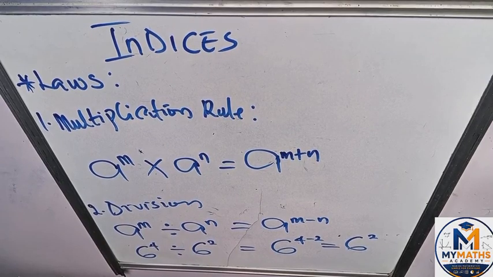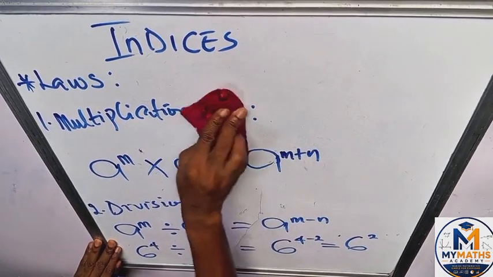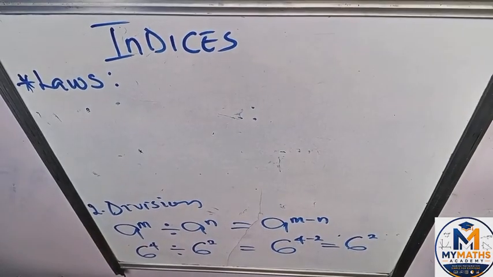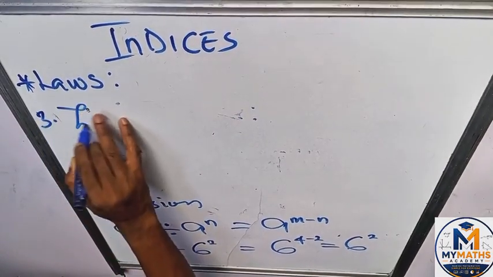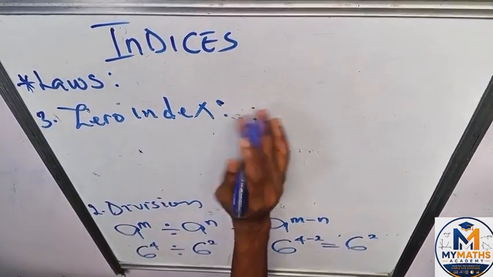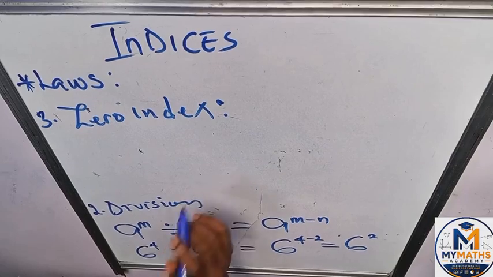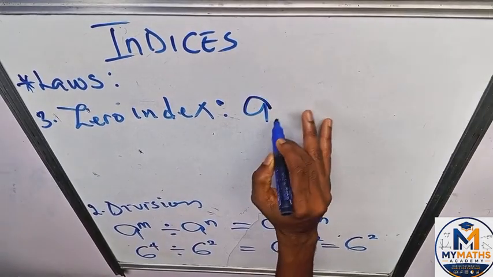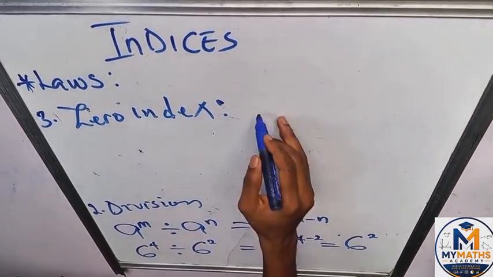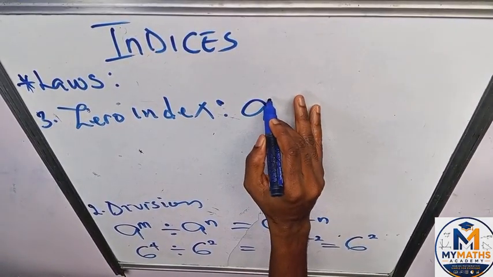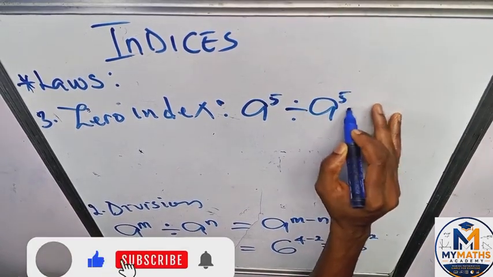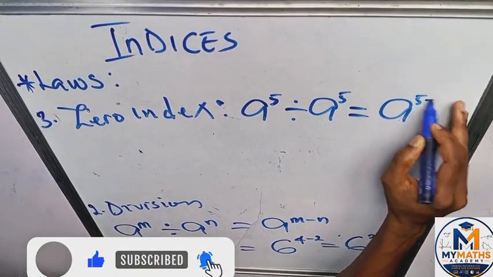Is that taken? Then the next rule is called the zero index. Number three, we call it the zero index rule. What does it mean? The zero index rule is simply talking about a situation where you have, let's say, a raised to power 5 divided by a raised to power 5, then it's going to be a raised to power 5 minus 5.